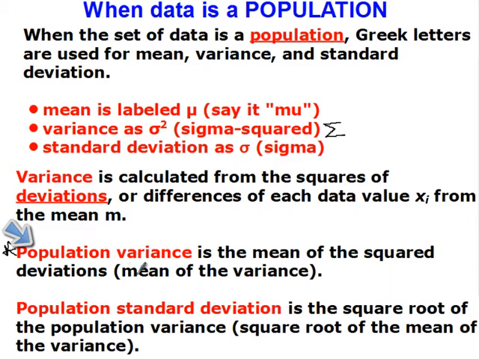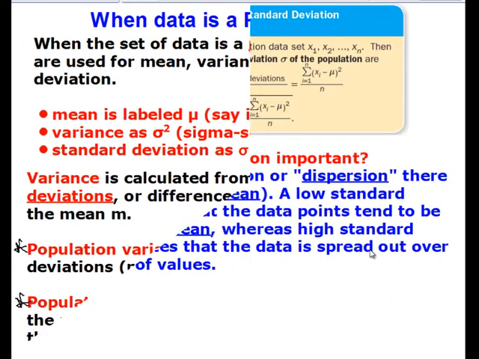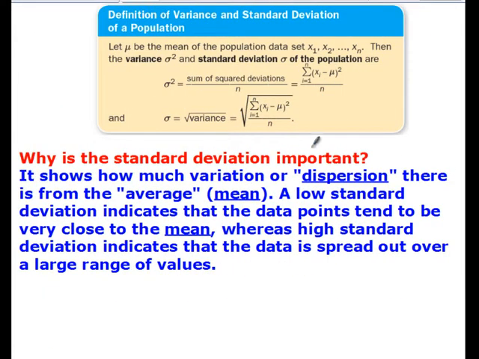So we're going to find each deviation, square it, add them all together, and then divide by how many there are. Population standard deviation is a little bit different. It's the square root of the population variance. So it's the square root of finding the deviations, squaring them, adding them all together, and dividing by how many there are.